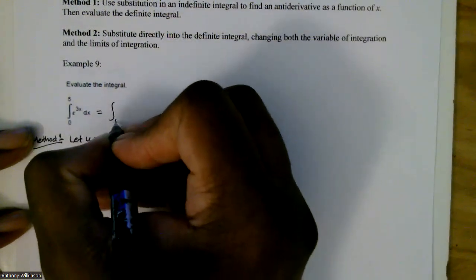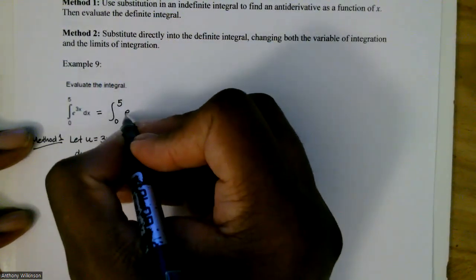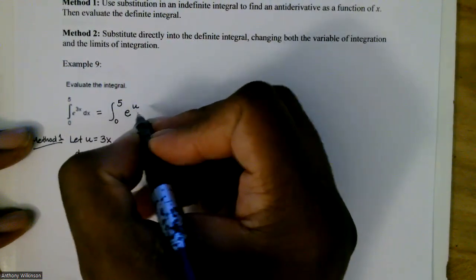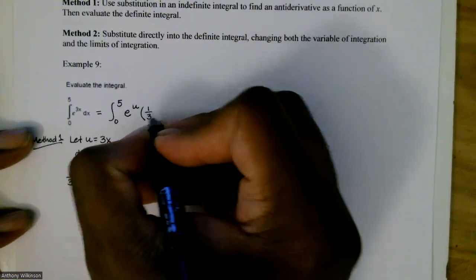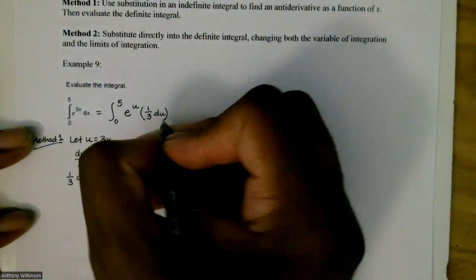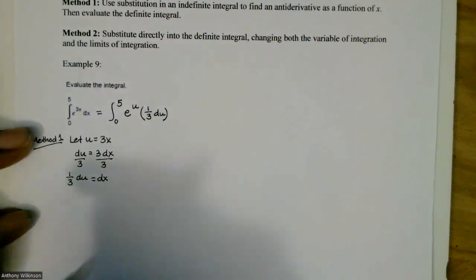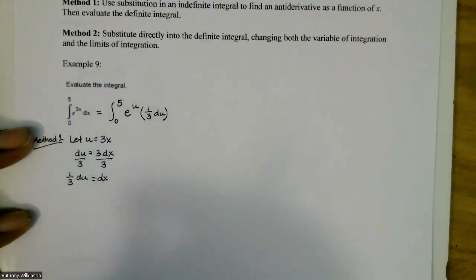So this would be the integral from 0 to 5 of e to the 3x. That 3x would be our u, so e to the u. dx is going to be that 1/3 du. So here we're just substituting dx with 1/3 du, and substituting 3x with u.